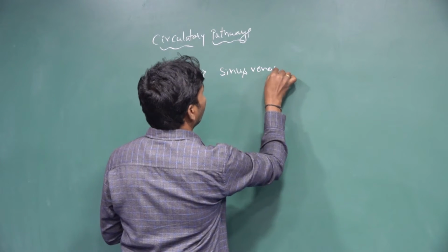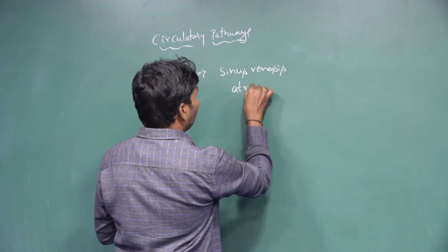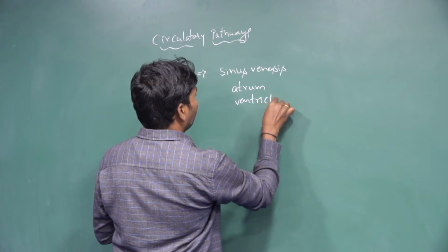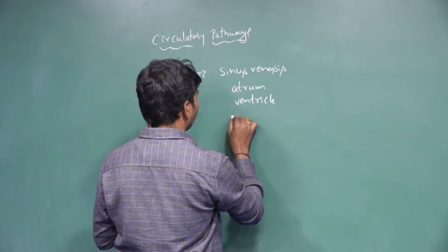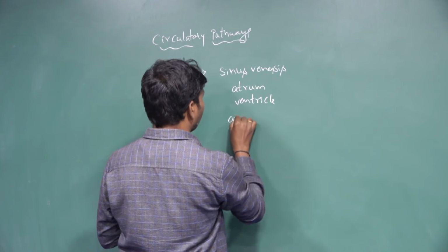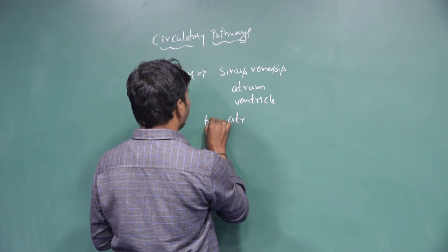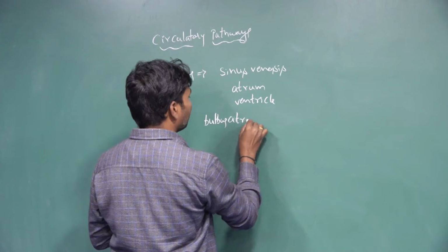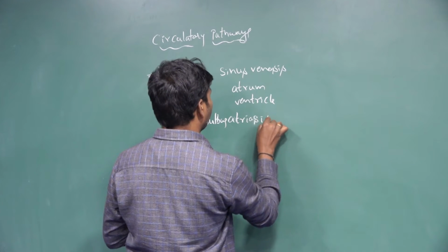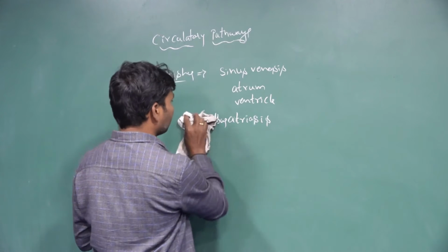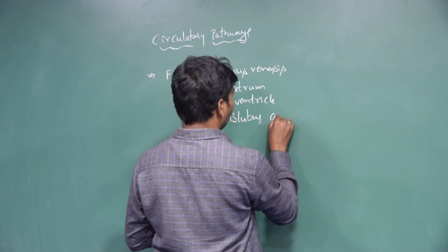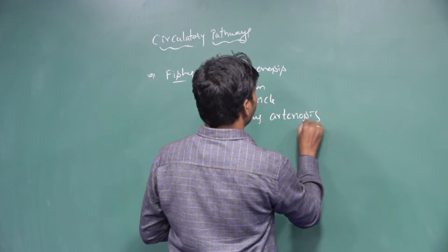sinus venosus, atrium, ventricle, and bulbus arteriosus, or conus arteriosus.